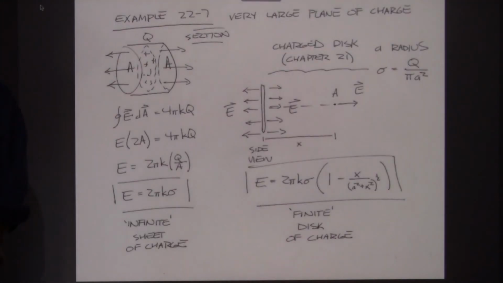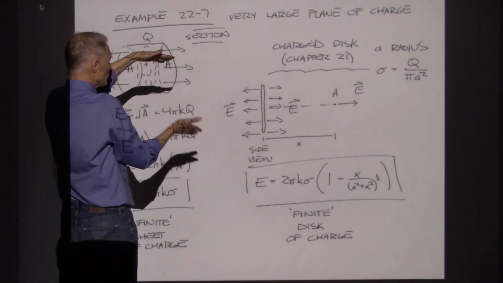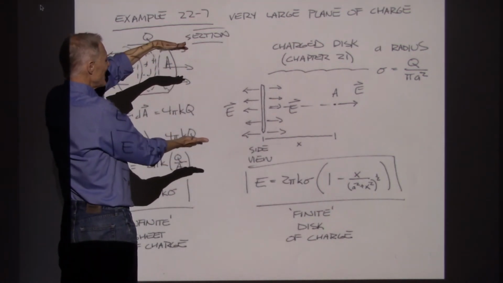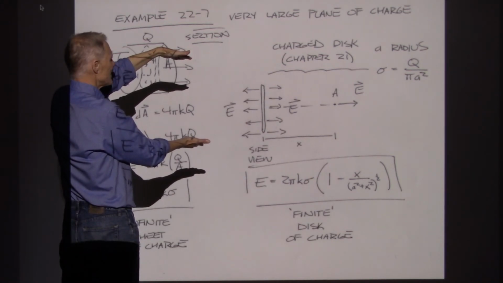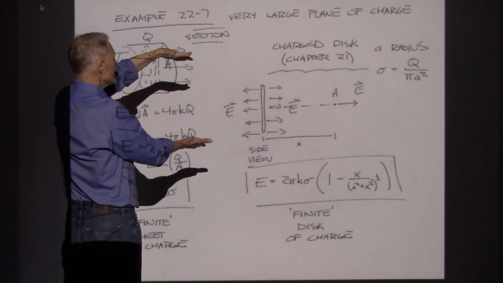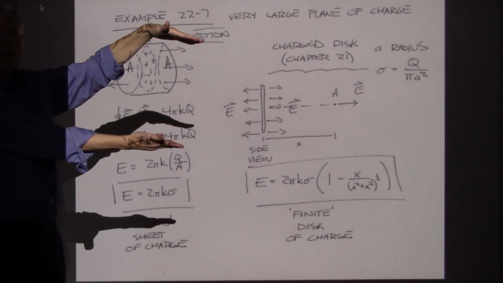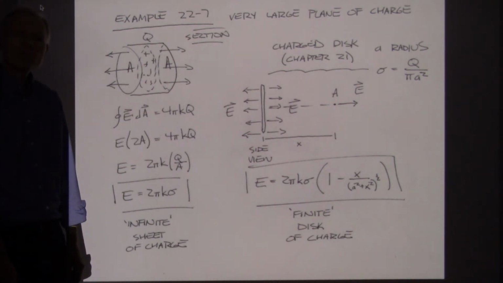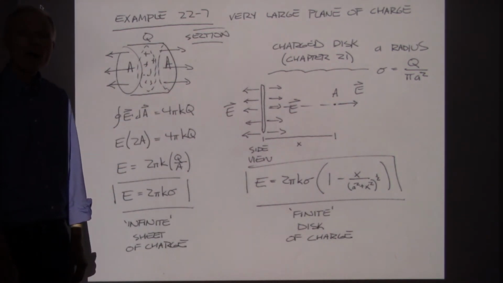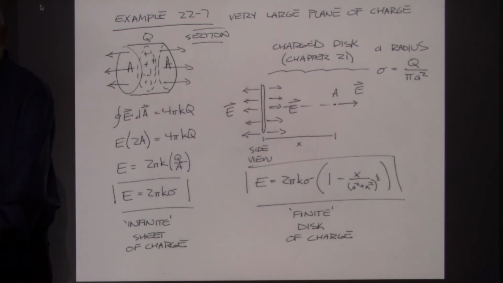So again, if you've got a disk with a certain radius to it, let's say the radius is 10 centimeters and the disk is 20 centimeters across, by the time you're 1 centimeter away from that 20 centimeter diameter disk, the electric field has already lost 10% of its value at that point. It's dropping off pretty quickly. So anyway, just a warning with these.